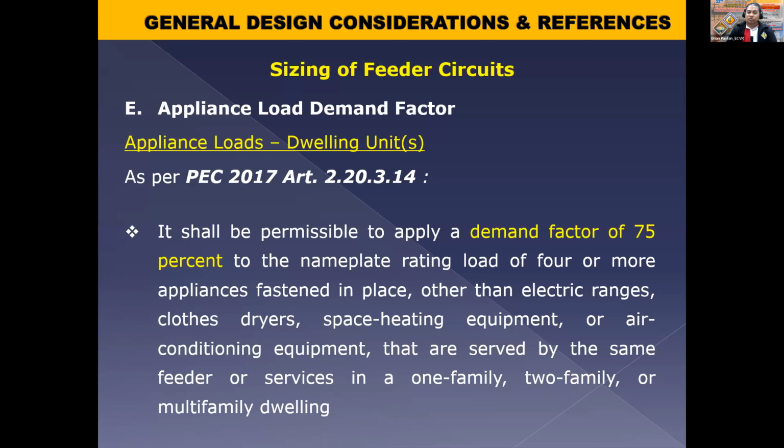So for example, kung ang total mo sa fastened in place is 100 kVA, 75% of 100 kVA. Lesser na yan, at mga 75 kVA na lang ang i-declare mo na demand niya pag 4 or more loads na.